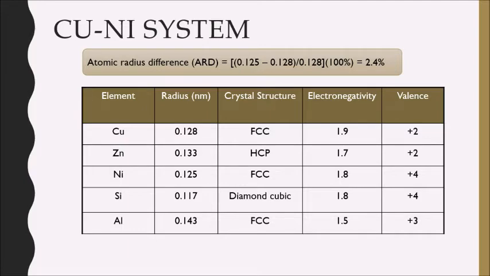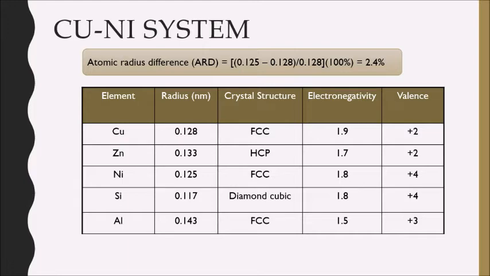This table shows five different elements, which are copper, zinc, nickel, silicon and aluminium. Each element is located in a different part of the periodic table. Copper is located at group 11, zinc at group 12, nickel at group 10, silicon at group 14, while aluminium is at group 13.